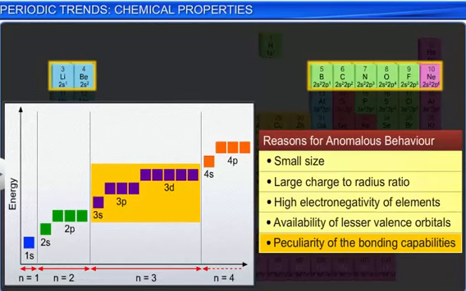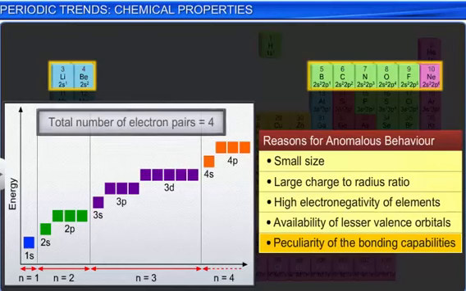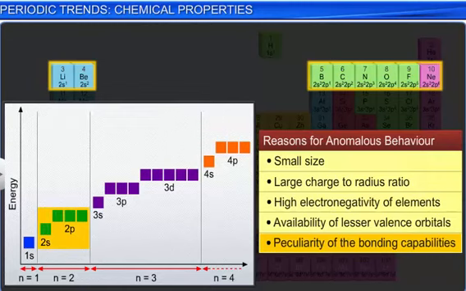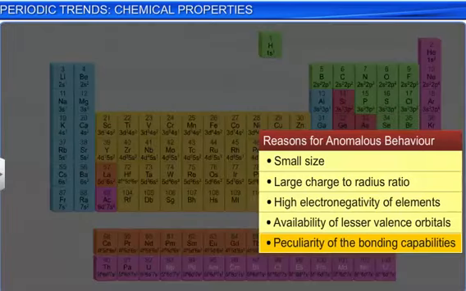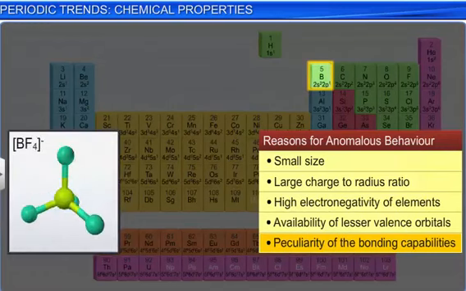As a result, the maximum covalency, or the number of shareable electron pairs, of the first member of each group is 4. Whereas the other members of the groups can expand their valence shell to accommodate more than 4 pairs of electrons. For example, boron can only form single charge ion with fluorine, whereas aluminium can form higher charged ions with fluorine.